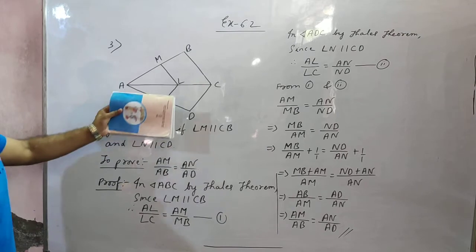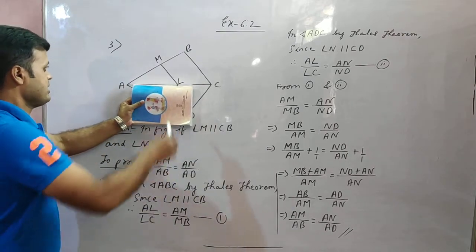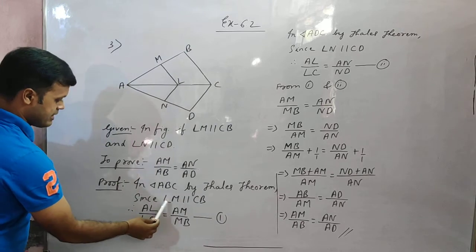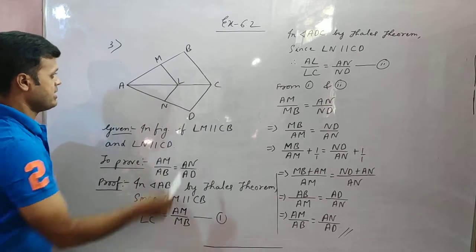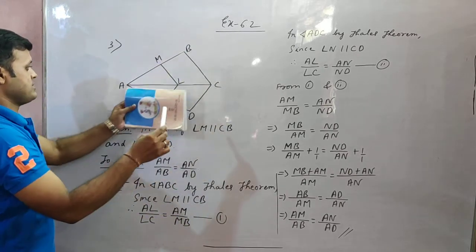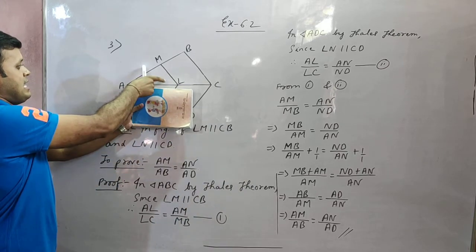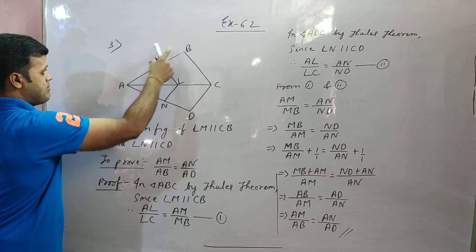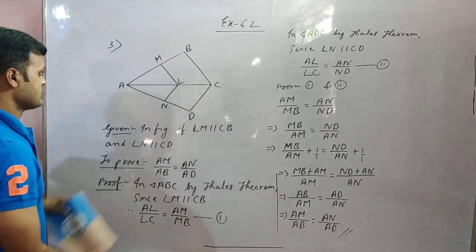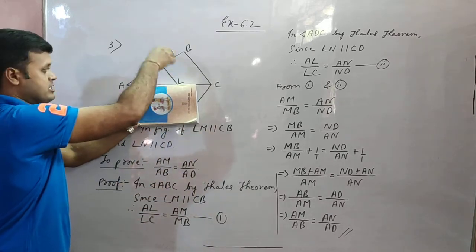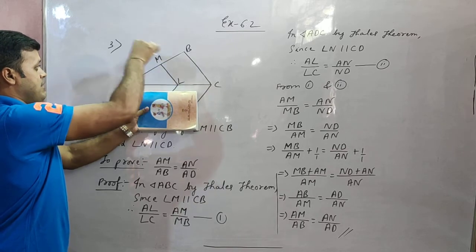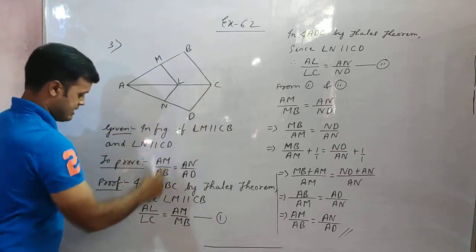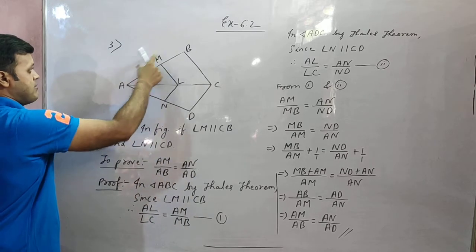So if LM is parallel to CB, then what can we write? AL by LC is equal to AM by MB.